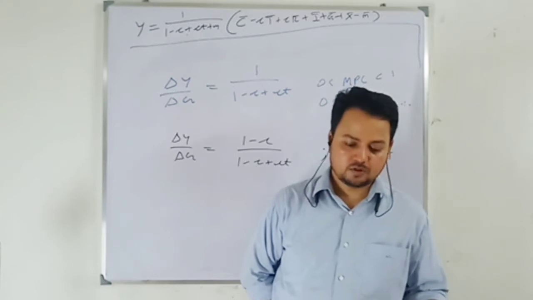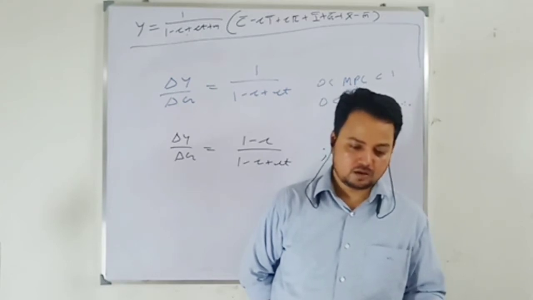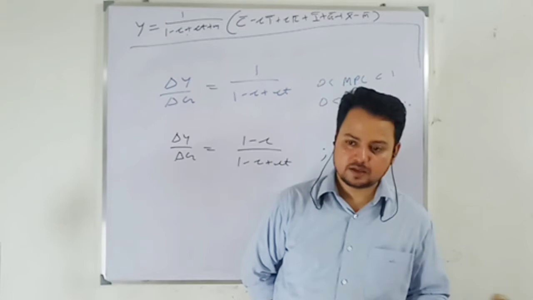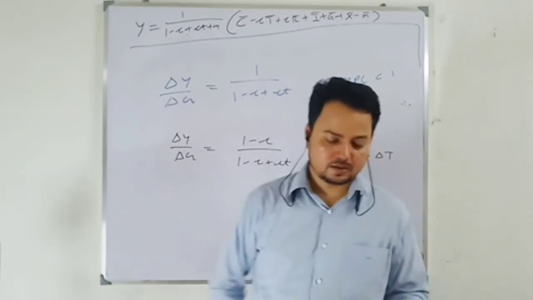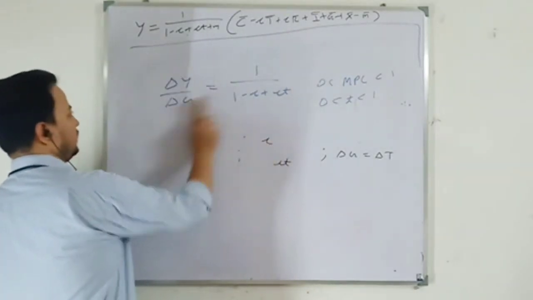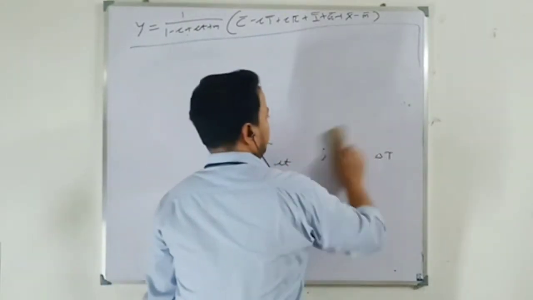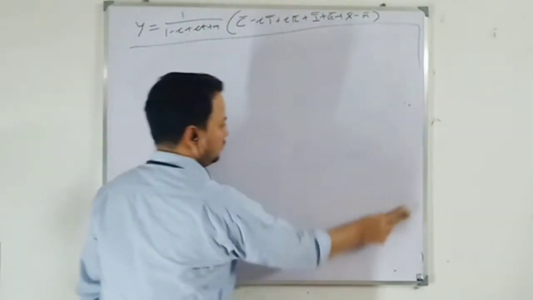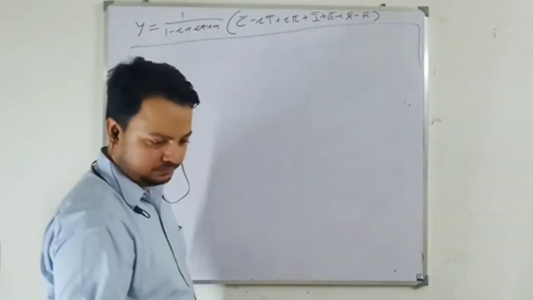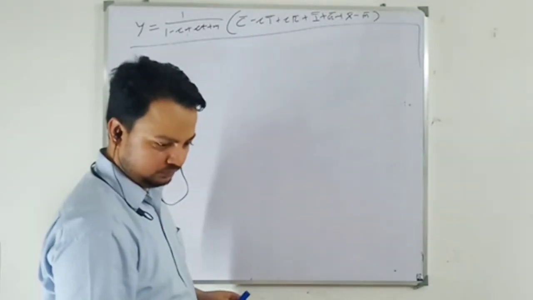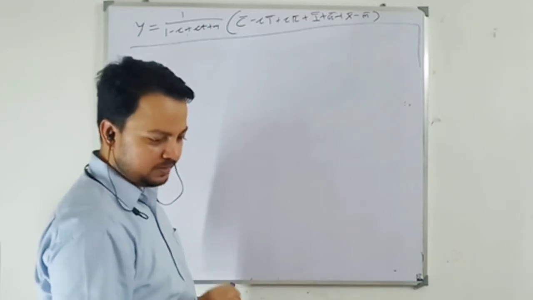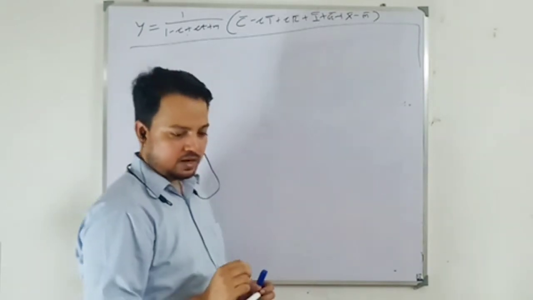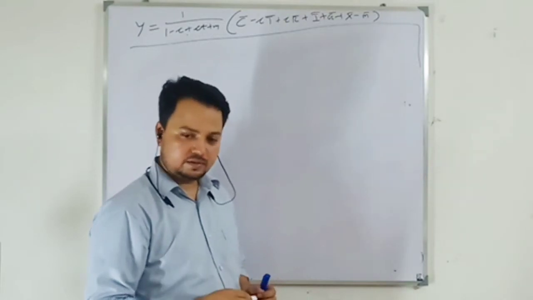When government expenditure changes, you have to examine the impact. In the case of the tax rate, what will happen? Net income. Write down the question: examine the effect of change in government expenditure and income tax rate on national income.